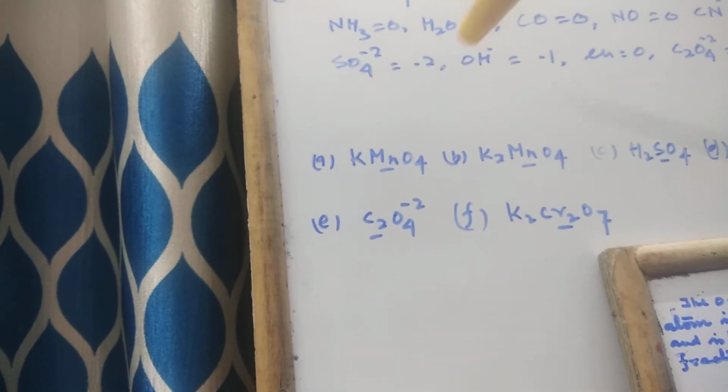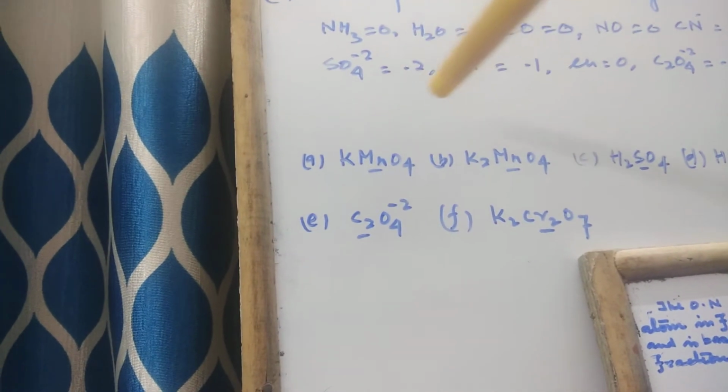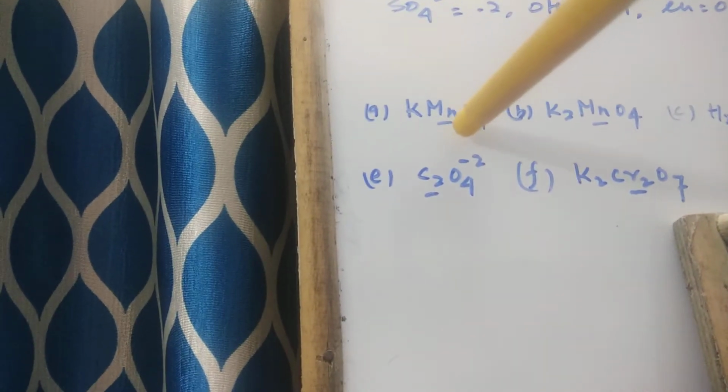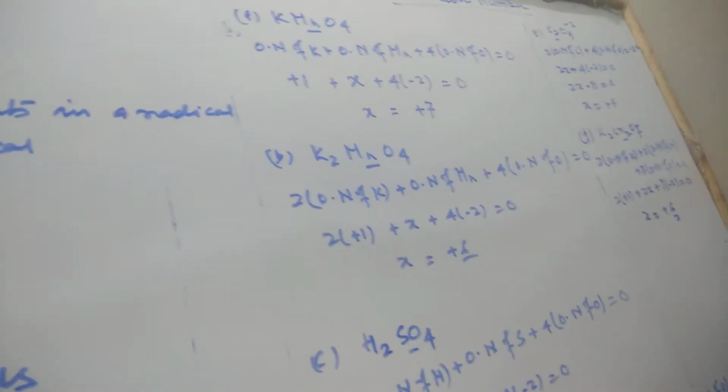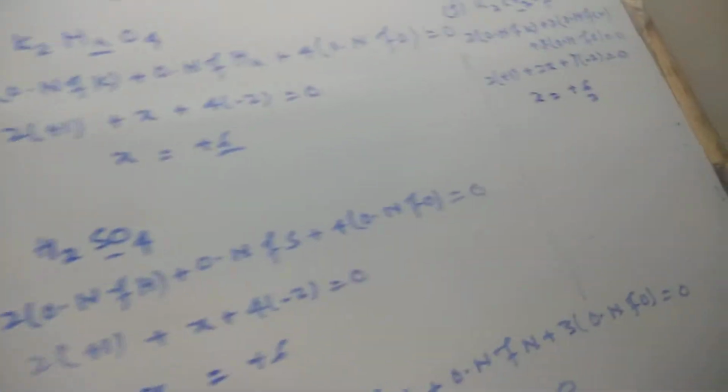Now some examples. Calculate the oxidation numbers which are underlined. In KMnO4 we have to find the oxidation number of manganese.